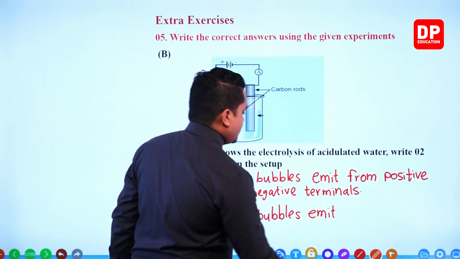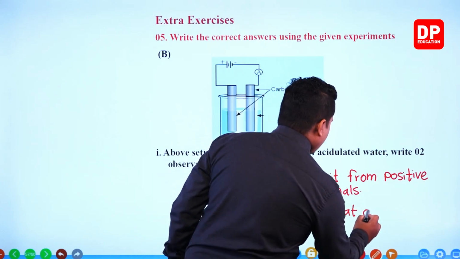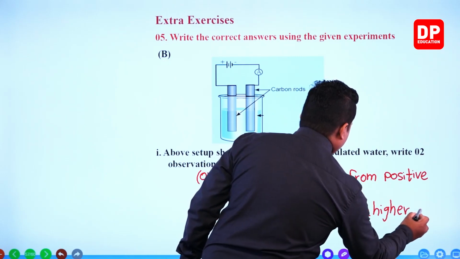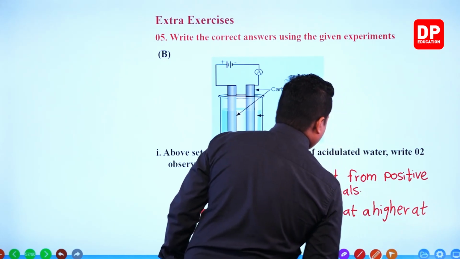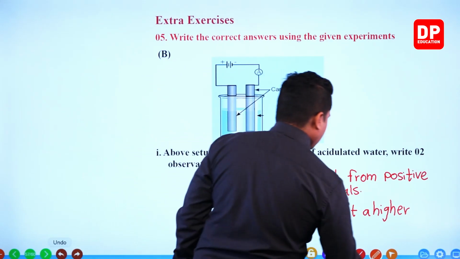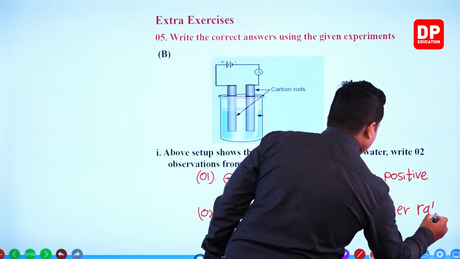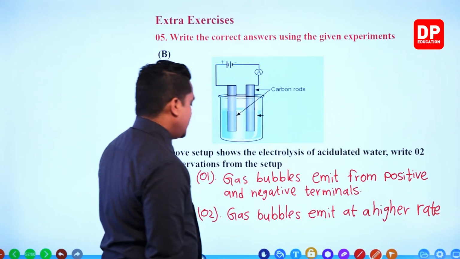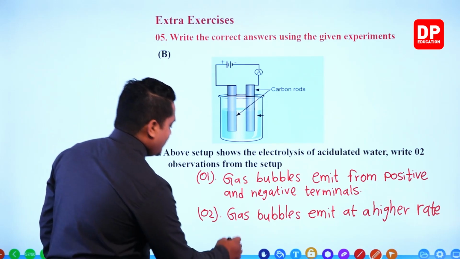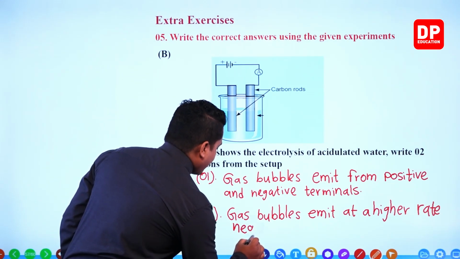Gas bubbles emit at a higher rate near the negative terminal.